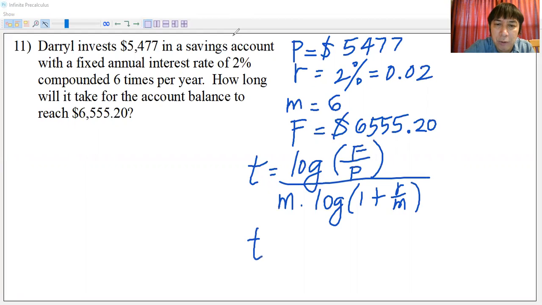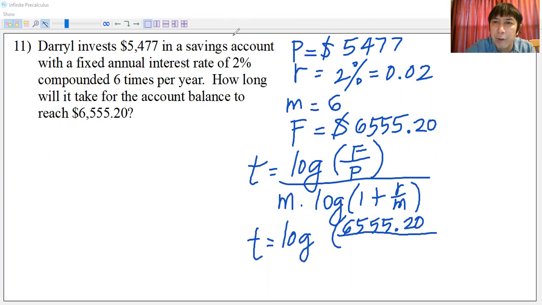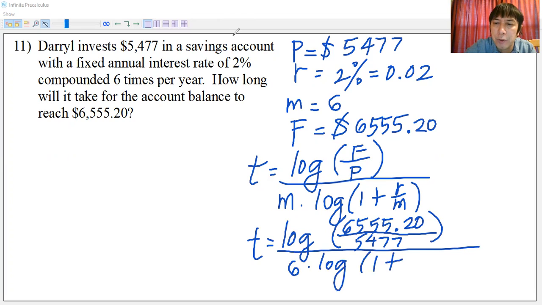So this will be T. The logarithm of the ratio of the values 6,555 and 20 divided by 5,477, divided by the product of 6 and the logarithm of 1 plus rate of interest 0.02 over M of 6 there.